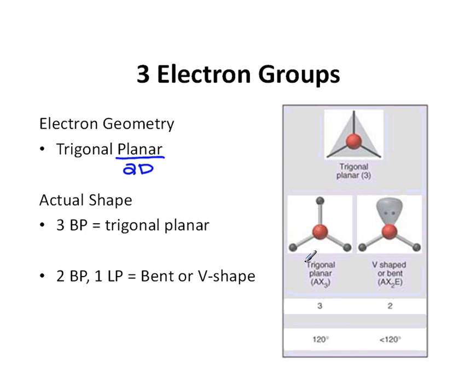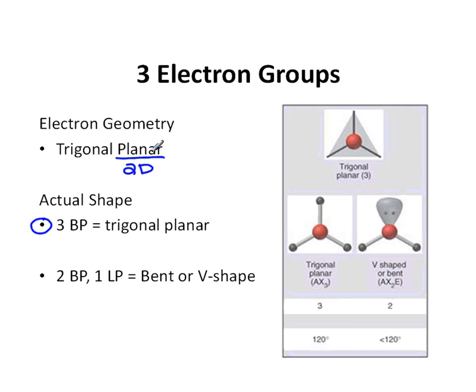So, what happens if you find yourself with a molecule with 3 electron groups? If you look at the molecule and all 3 electron groups are bonded pairs, the actual shape is also called trigonal planar. If you have all bonded pairs, 3 of them, they'll always match the family or group name they belong to.